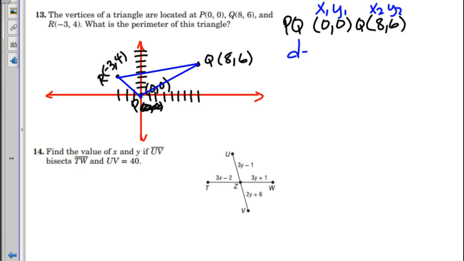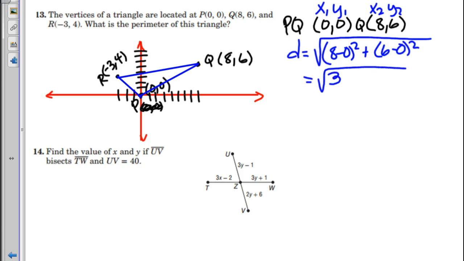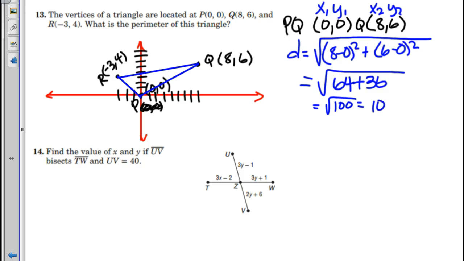So the distance here, square root of x2 minus x1 squared plus y2 minus y1 squared. So I have the square root of 64, right? The square root of 8 squared, which is 64, plus 6 squared, which is 36. So the square root of 100, which is 10. So the distance from P to Q I found to be 10.